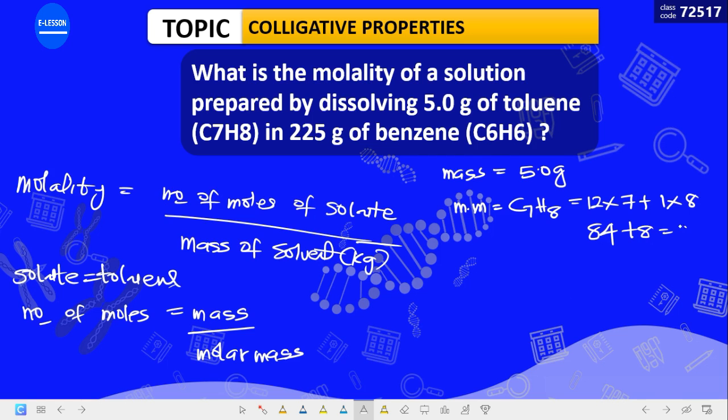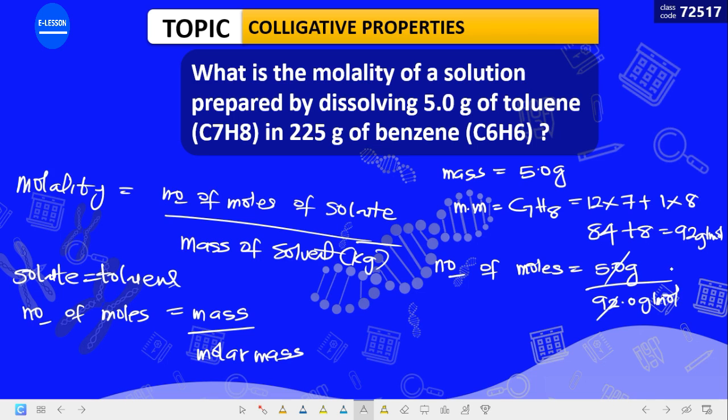84 plus 8 is 92 gram per mole. So the molar mass of toluene is 92 gram per mole. The number of moles of toluene would be equal to the mass, which is 5.0 gram, over the molar mass, 92.0 gram per mole.